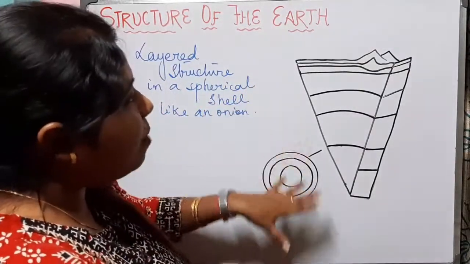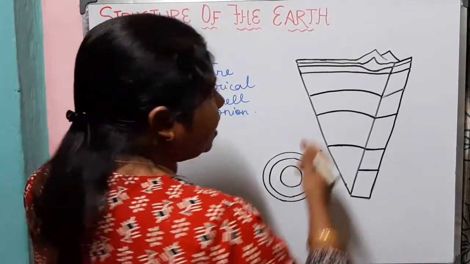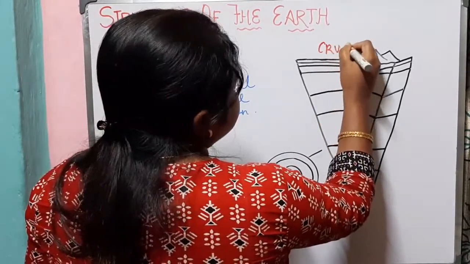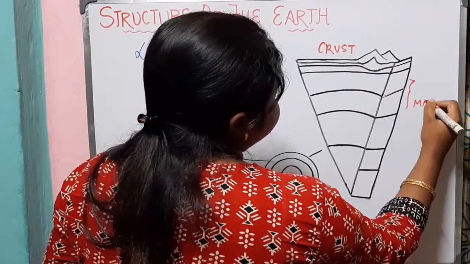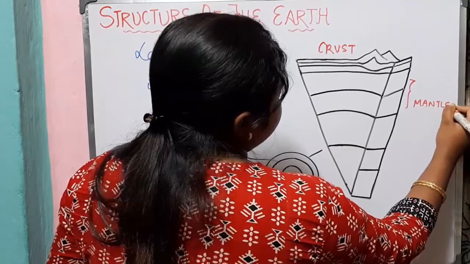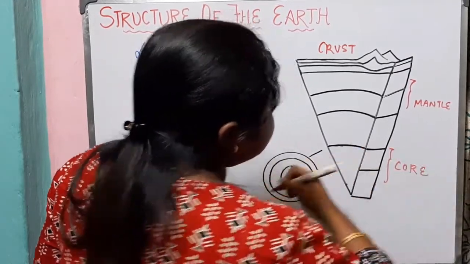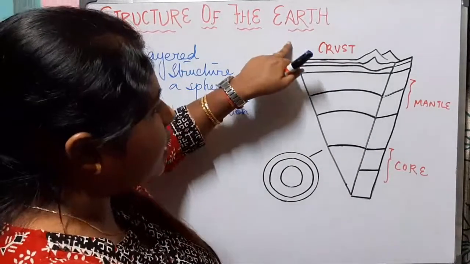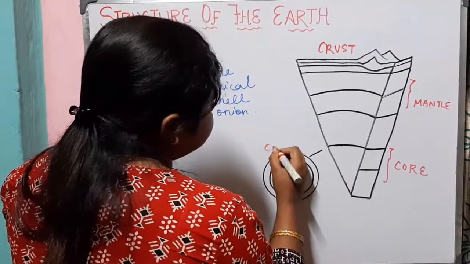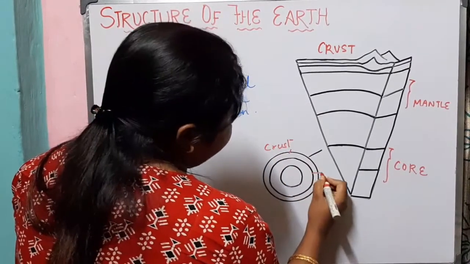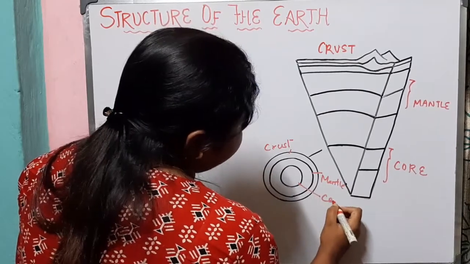Now let us know about the three layers of the earth. The earth is divided into mainly three layers: crust, mantle and core. This one is my crust, here is my mantle, and this one is my core.